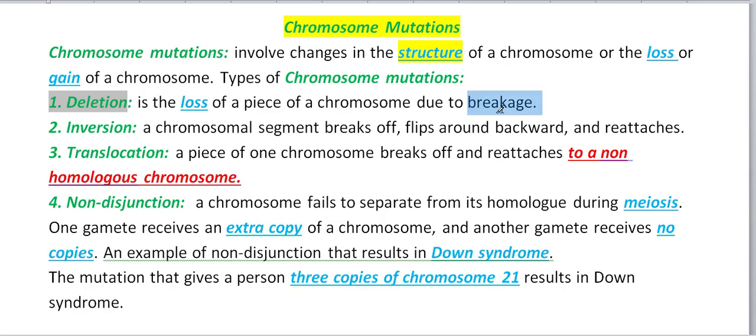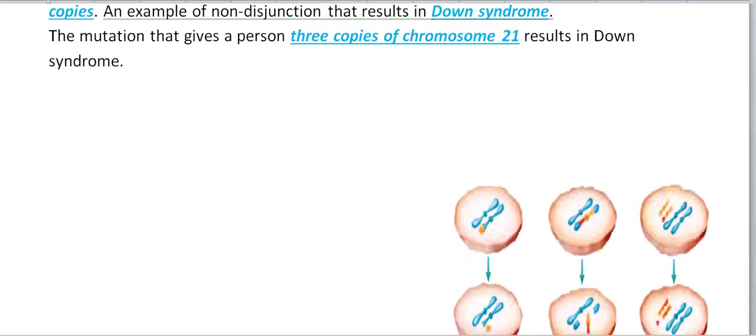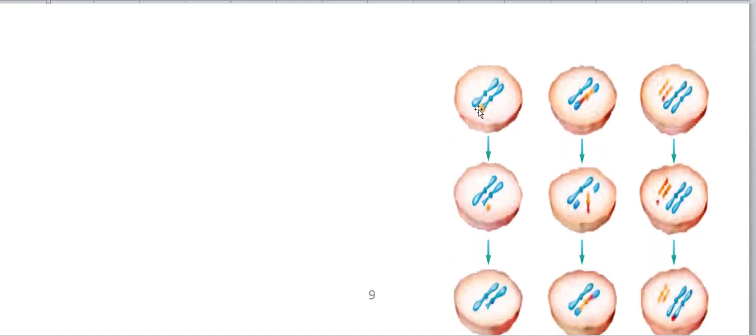The breakage causes the chromosome to break down and separate a small piece of the chromosome, like in this figure. This figure is called deletion of a small piece of the chromosome. This piece deleted by breakage then decomposes in the cytosol and becomes a chromosomal mutation.